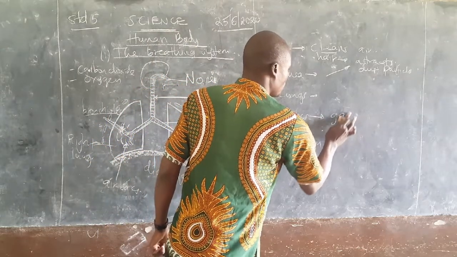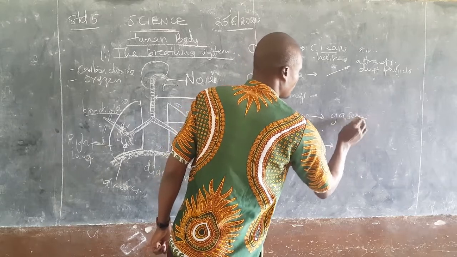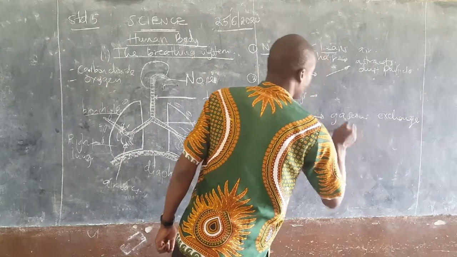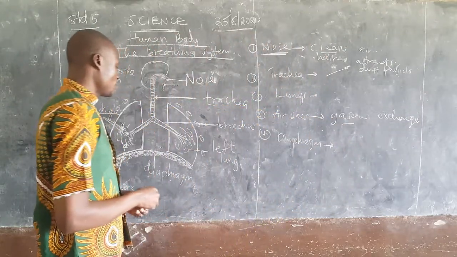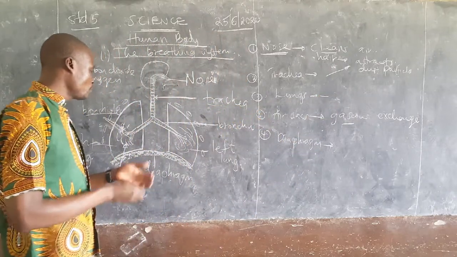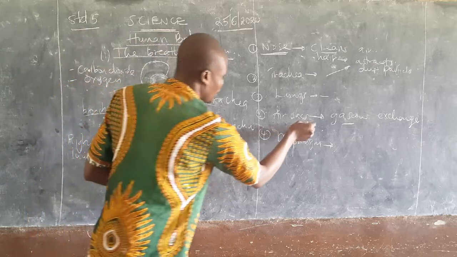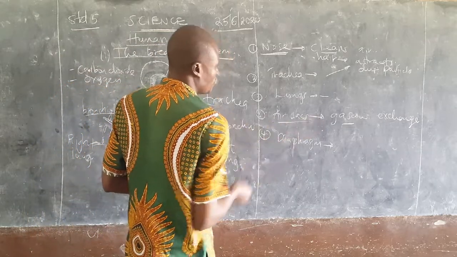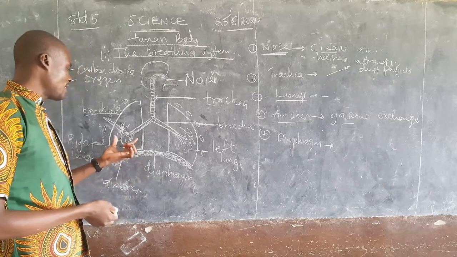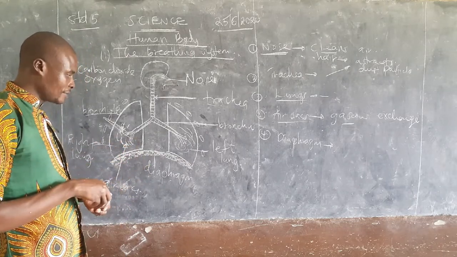So gaseous exchange takes place in the air sacs. You may also get the lungs, since the air sacs are in the lungs. Hence, you may not get the air sacs in your choices, but you may get the lungs. Still the same, gaseous exchange takes place in the lungs, but specifically in the air sacs.